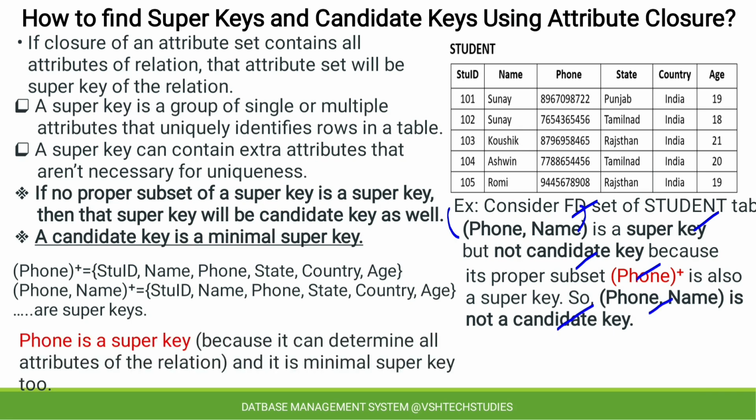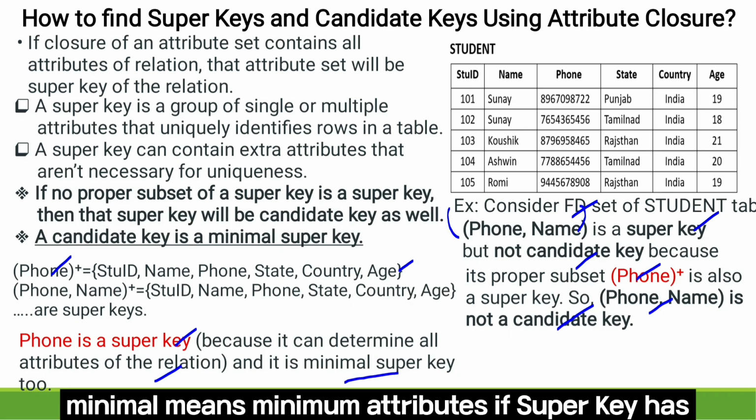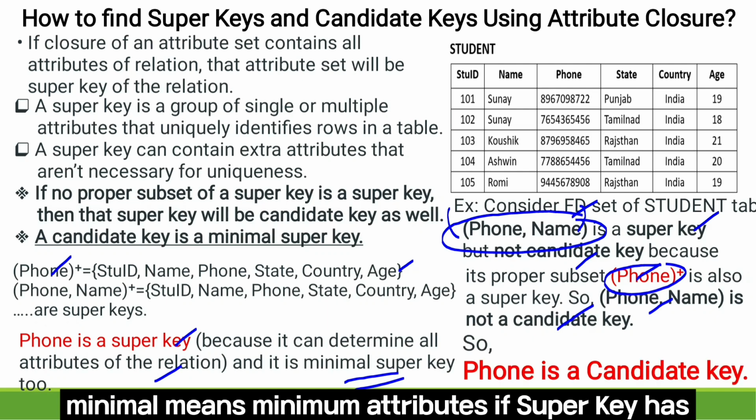Phone is a super key because it can determine all the attributes of the relation and its closure contains all the attributes in the relation. It is a minimal super key. It has minimum number of attributes when compared to phone comma name. Because it is a minimal super key, phone is also a candidate key.